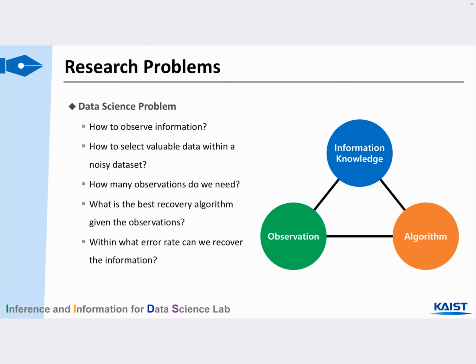Lastly, we have to come up with a good algorithm that can recover the information from the observation. Some commonly asked questions in data science are how to observe information, how to select value over data within a noisy data set, how many observations we need to recover the information, what is the best recovery algorithm for the observations, and within what error rate the algorithm can recover the information.